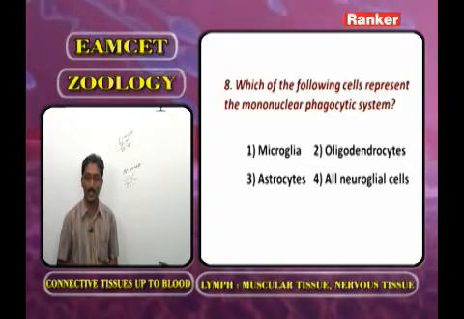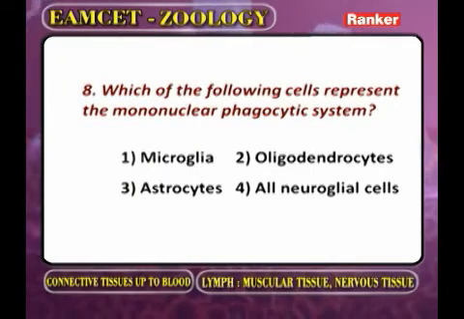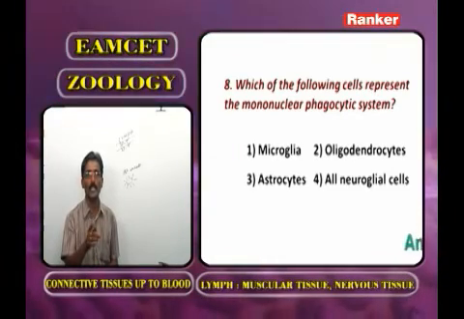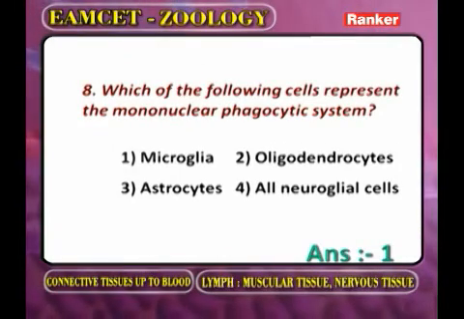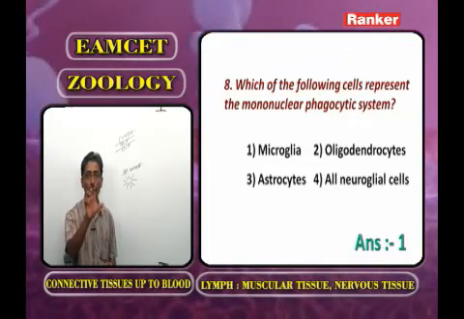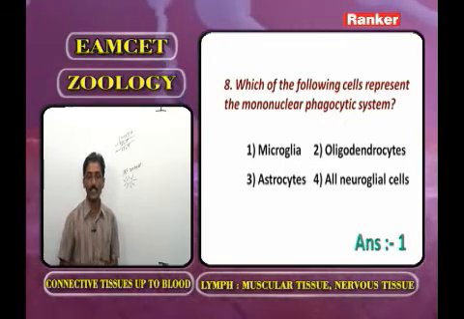Now identify the options: one, microglial; second, oligodendrocytes; third, astrocytes; and the fourth, all neuroglial cells. What is the correct answer? The microglial cells. In the microglial cells only one nucleus is present. It performs phagocytosis, and by phagocytosis it provides protection to the nervous system. Now the answer is the first one.